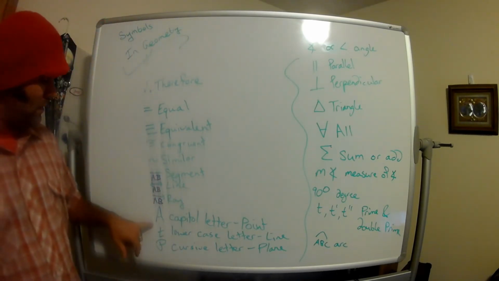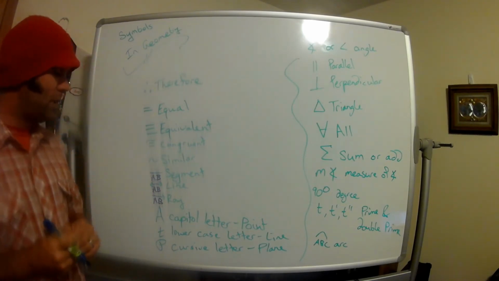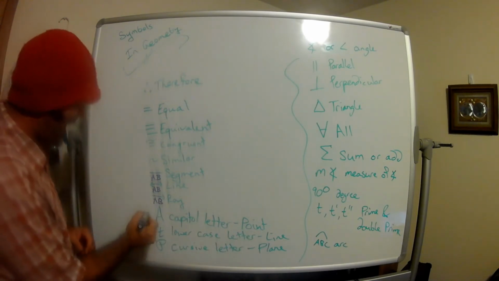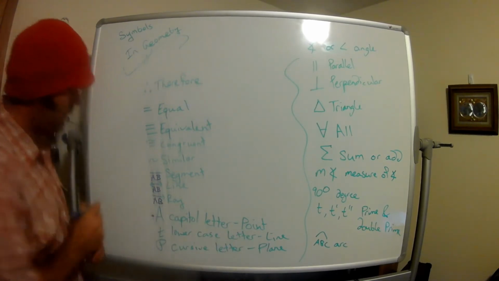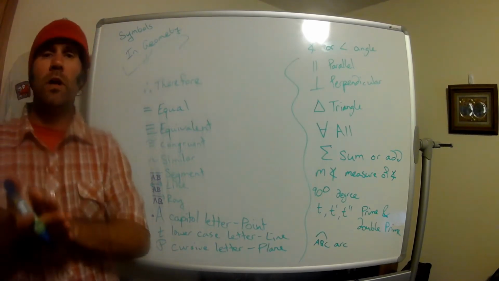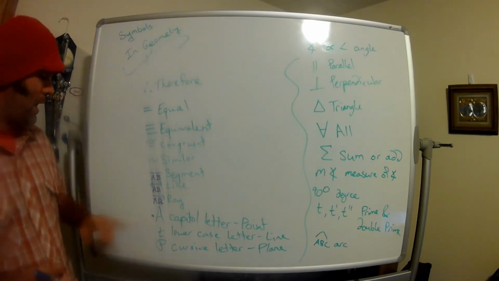Okay, if we have a capital letter, that is in geometry identifying that we're talking about a point. So point A. T here is lowercase. Whenever we're seeing a lowercase letter, we are talking about a line.